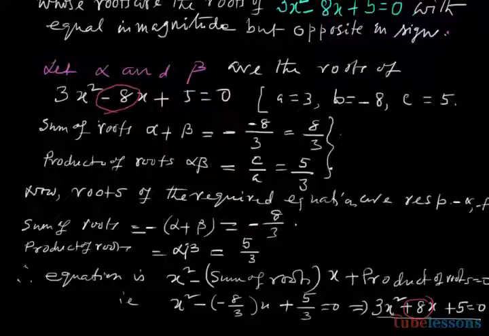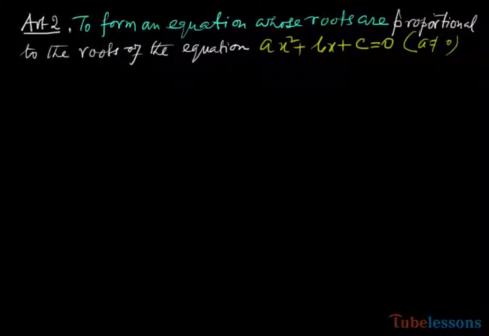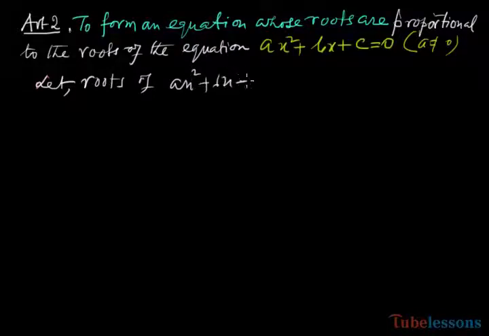Next article. To form an equation whose roots are proportional to the roots of the equation ax square plus bx plus c is equal to 0, where a not equal to 0. So here same, we are taking let alpha and beta be the roots of ax square plus bx plus c is equal to 0, a not equal to 0.